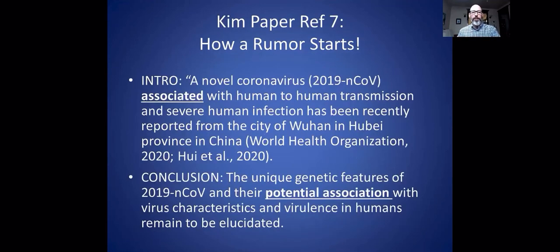So I went and looked at that article, and interestingly, it doesn't say anything about causation anywhere. In the introduction, it says that a novel coronavirus is associated with human-to-human transition and severe human infection. So once again, association is not causation. And in its conclusion, it talks about the genetic features of the virus and their potential association with virus characteristics and virulence in humans remain to be elucidated. So in other words, there's some kind of association. We need more research. We haven't proven anything.